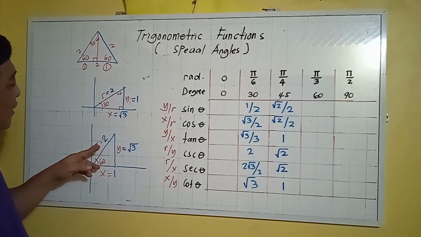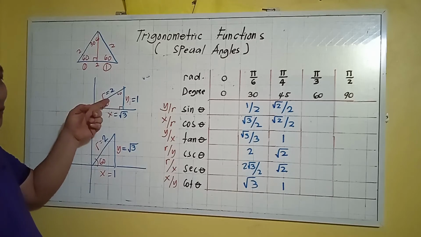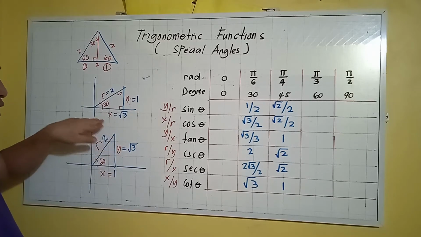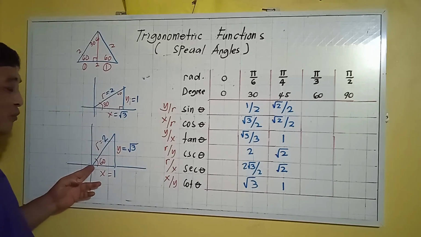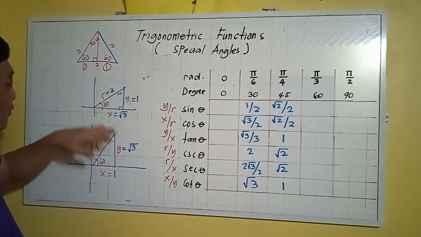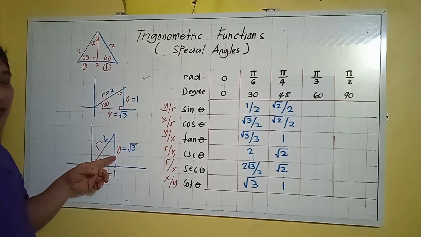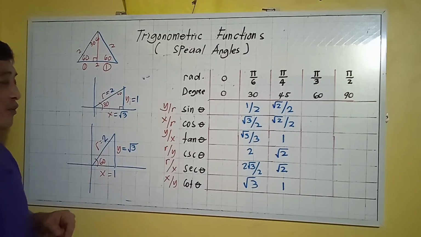Yung radius natin is also equals to 2. Hindi mababago kasi pag nag-rotate yung radius natin, di ba, we have the common distance from the origin or from the center is always the radius. So pagka nagkaroon ng rotation in a unit circle, yung radius, pare-pareho yung magiging size niyan o yung sukat ng radius.